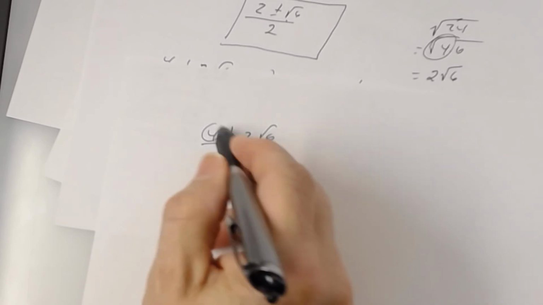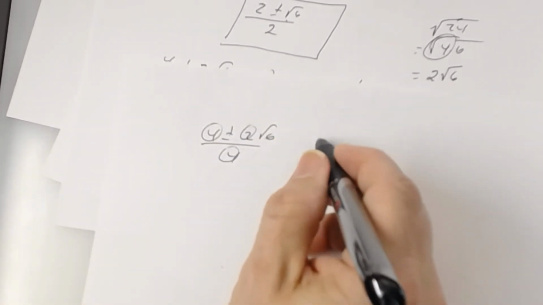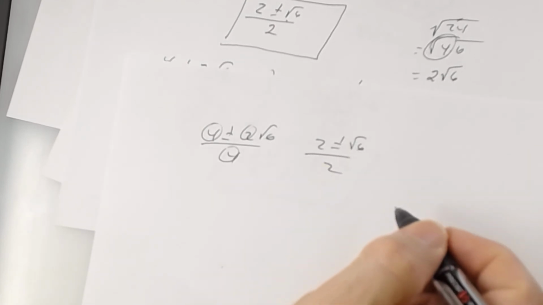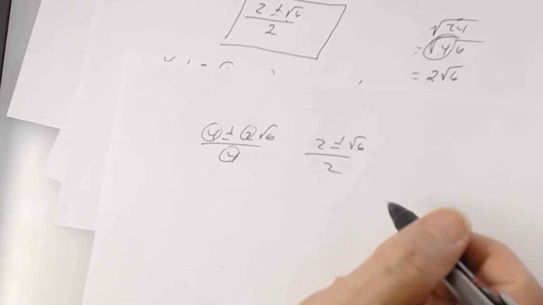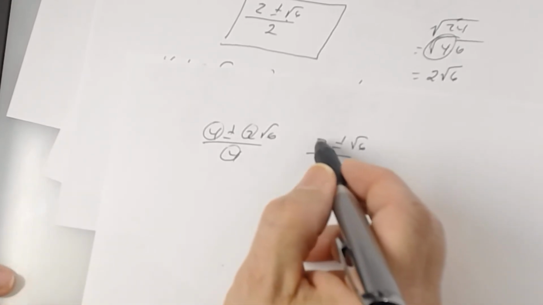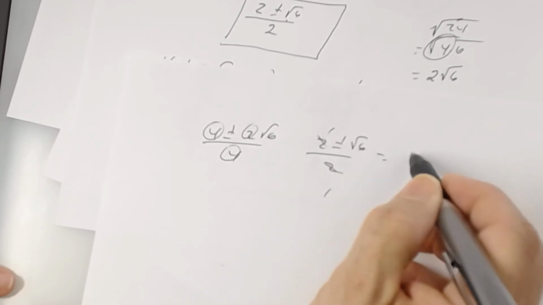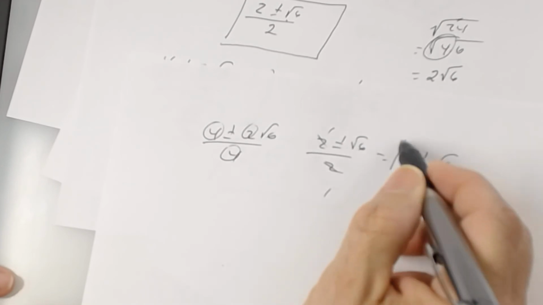You'll say, I'm circling these, so I know they're all divisible by 2, right? So then you're going to say 2 plus or minus square root of 6 over 2. Then you're not going to be careful, and you go a little bit further, and you're going to say, oh, but these divide out. And so I get 1 plus or minus square root of 6.